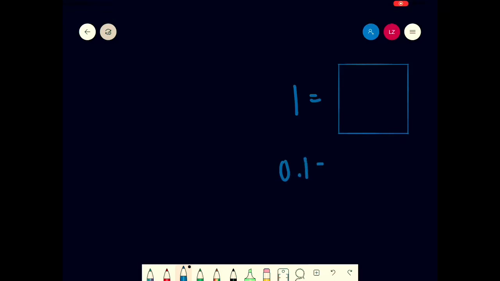You know that 1/10 is going to be one of those long strips like that, right? 10 of those fit into one of the wholes. And then you know that 100th is going to equal one of those little squares like that. So on your test, it's just going to say, use these base 10 blocks to show your product.